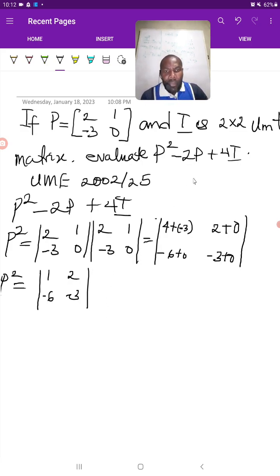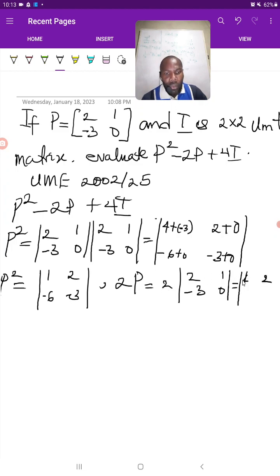Now let's also find the value of 2P. The 2P will be 2 times [2, 1; -3, 0], which is 2 times 2 making 4, 2 times 1 making 2, minus 6, and 0.